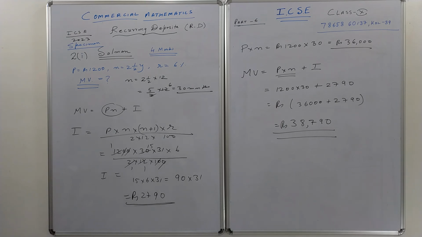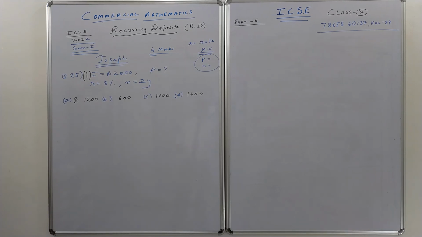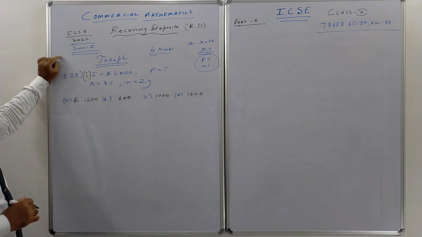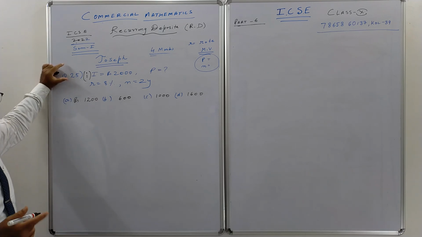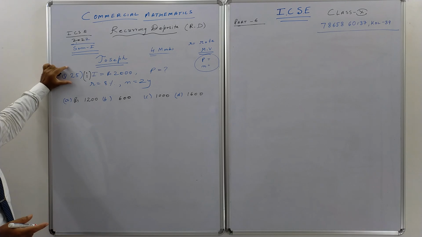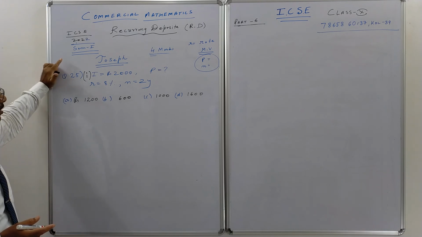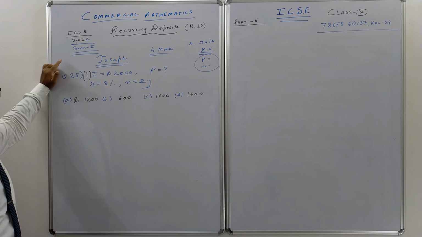But it is like a traditional type, as I told you, divided into 4 parts. So children, this is the semester 1 question, the very last question. It had 25 questions carrying 1 mark, 2 marks. This is a 4-mark question. Very last question of semester 1 ICSE 2022, which exam happened in December 21.